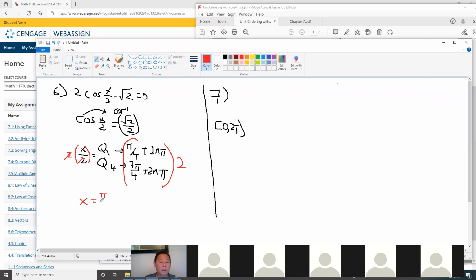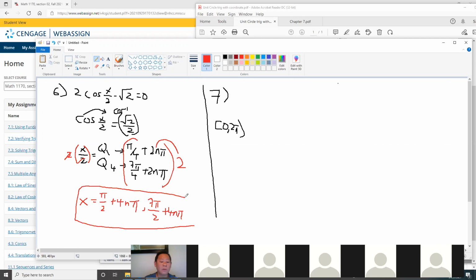That will become pi over 2. And then 2n pi, don't forget, also needs to be multiplied by 2, so that will give us 4n pi. That means that instead of 1 revolution, this goes 2 revolutions. And then 7 pi over 4 times 2 gives 7 pi over 2 plus 4n pi also, because your 2n pi will double and become 4n pi.